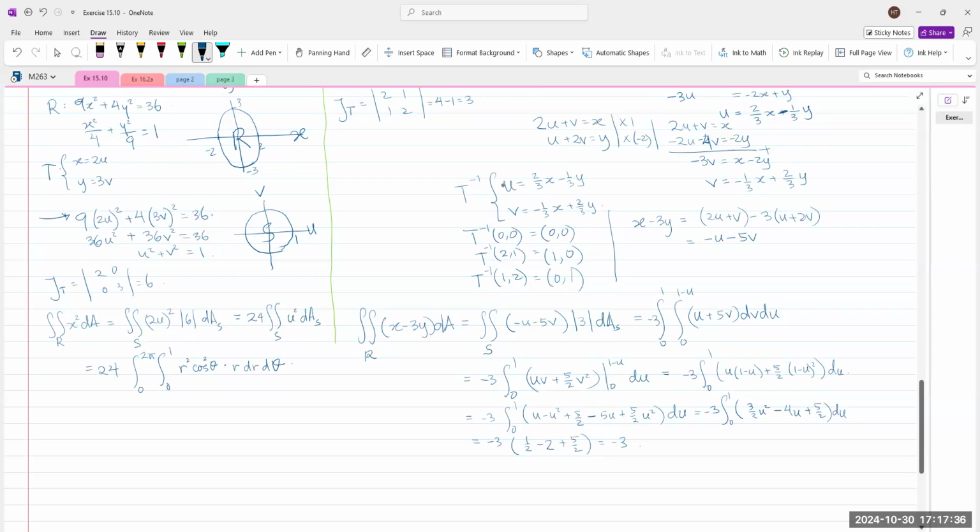You can just integrate it as usual if you want. So this is 24 integral from 0 to 2 pi of cosine squared theta d theta, times integral 0 to 1 of r cubed dr. So that's 24 times 1/2 times 2 pi times 1/4. Okay, that we get 6 pi.